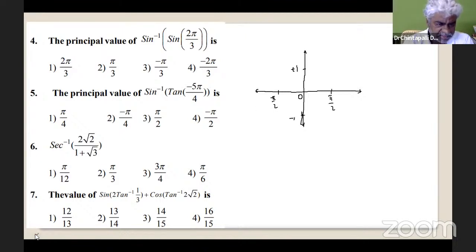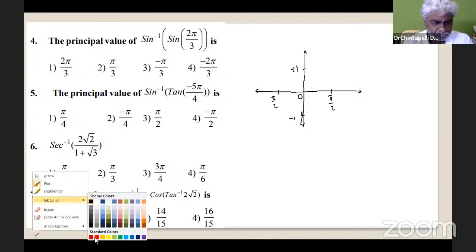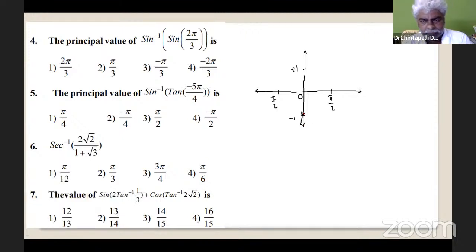The graph of sin x is this, in the interval negative pi by 2 to plus pi by 2, right?